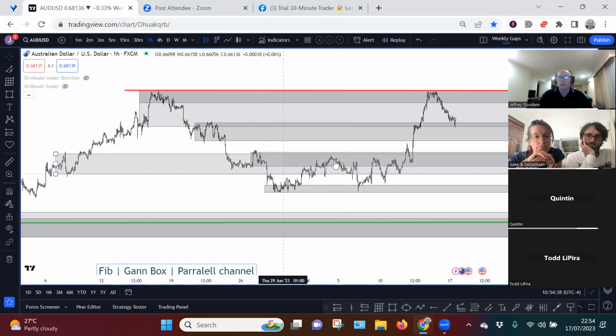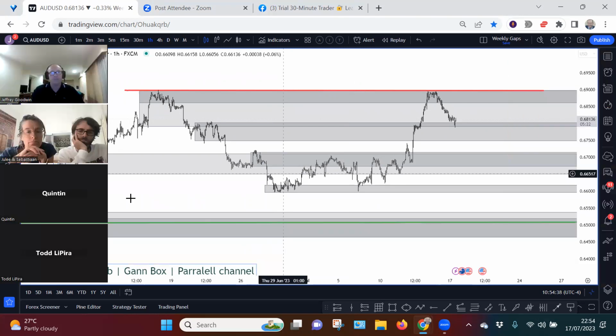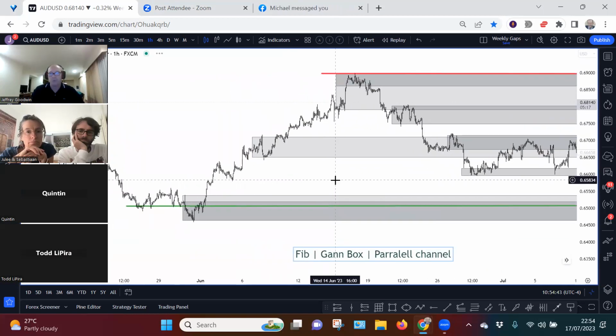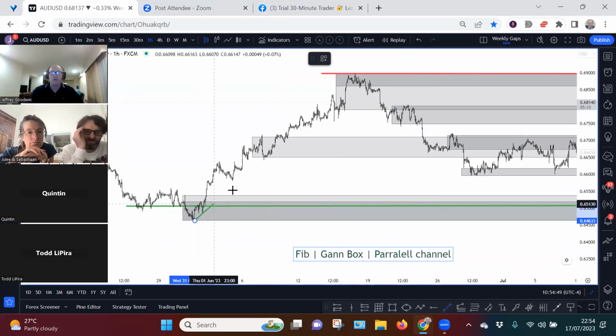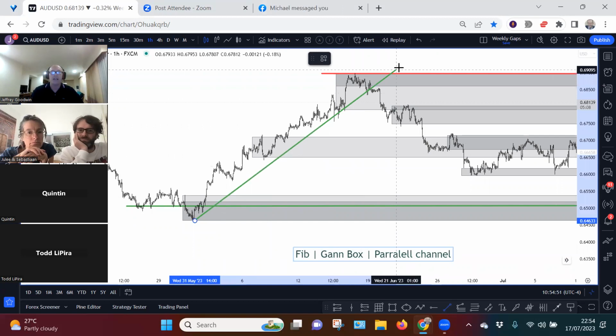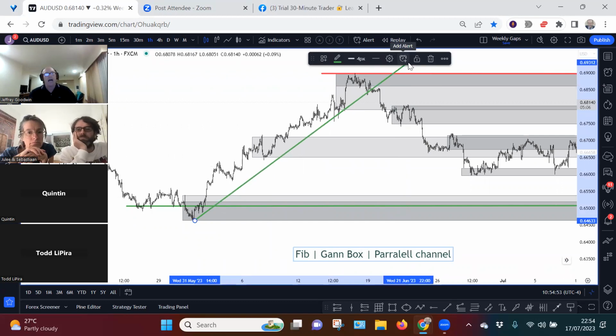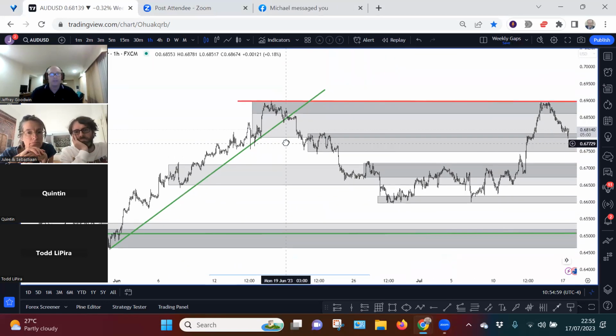No knowledge whatsoever. The simplest way I know to trade is you go from a low to a high, you draw a 45-degree angle, and you wait for a breakout. Simplest way.